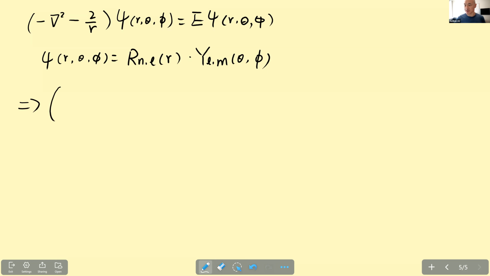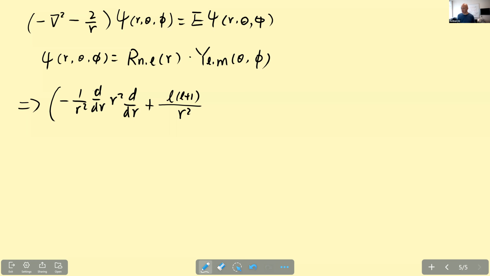Okay, so that is minus 1 over r squared, d over dr, r squared, d over dr. Right. So this is the radial part, and then we have the angular momentum part, right? So l times l plus 1.